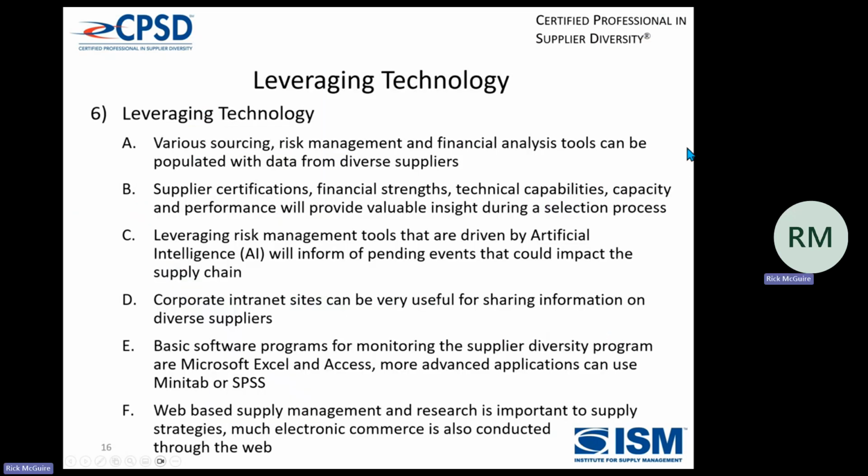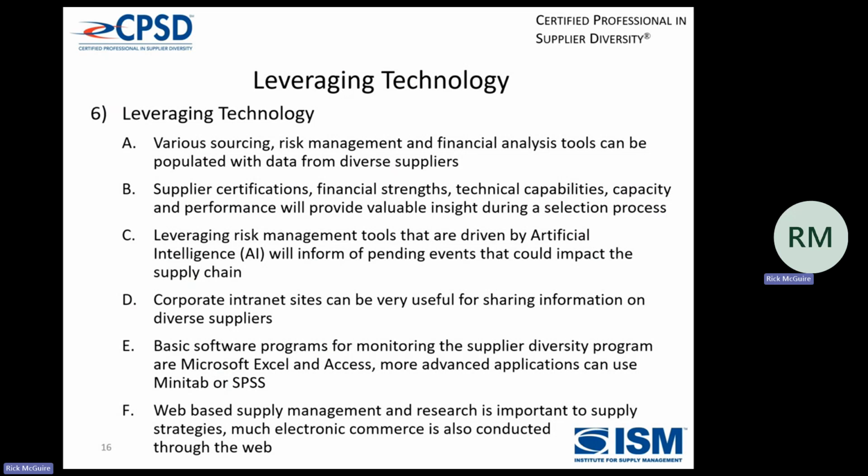Leveraging technology, various sourcing, risk management, and financial analysis tools can be populated with data from diverse suppliers. Supplier certifications, financial strength, technical capabilities, etc. can all be put in there with the spend data. Leveraging risk management tools that are driven by AI will also inform of pending events or not.